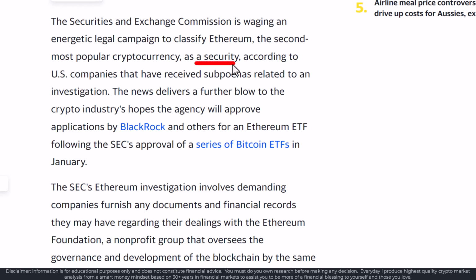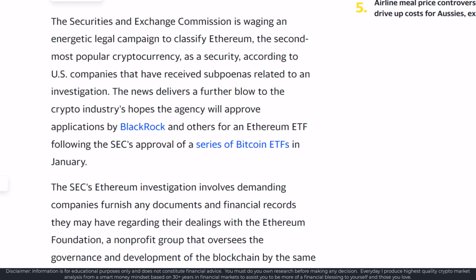If Ethereum is classified as a security, it will be subjected to incredible laws that could see it coming off a lot of exchanges and moving into mainstream finance. But it's a little bit more complex than that. As a decentralized protocol, Ethereum doesn't really belong anywhere. So this is a big problem to the crypto market.